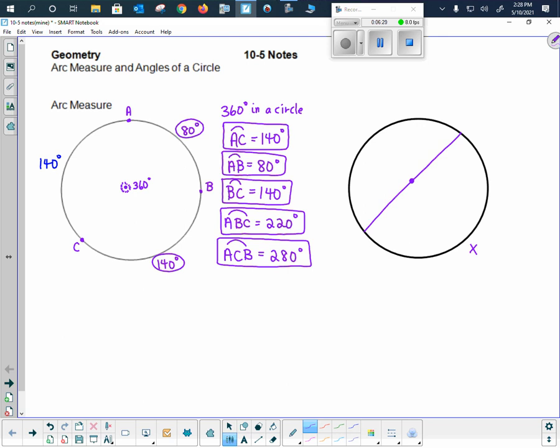Likewise, that line is the diameter of the circle. Well, if the diameter goes through the middle of the circle, then this X, if you're understanding what it's labeling, is saying, from this point to this point, if I were to fill all of this in, if I was to rotate from one side to the other, how many degrees did I rotate? Well, isn't that just going to be 360 divided by 2?